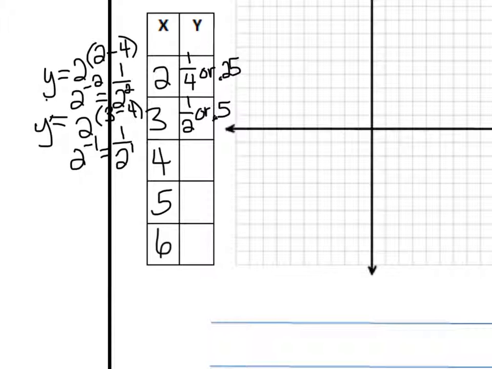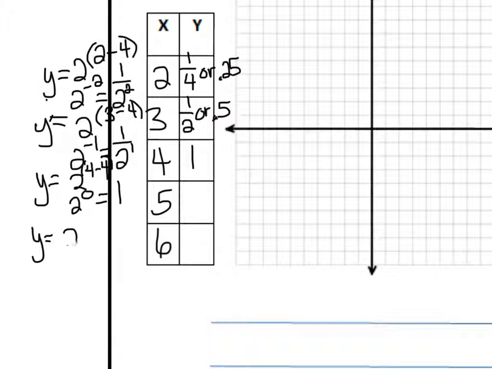Then I plug in 4, y equals 2 to the 4 minus 4. 4 minus 4 is 0. 2 to the 0 is 1. Hopefully you're remembering that. So next we have plugging in 5 and 6.